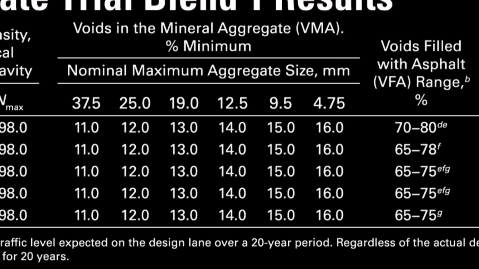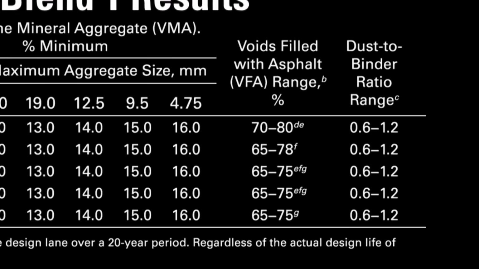Next, we can check our voids filled with asphalt, VFA, and see if it meets the target range. The VFA requirement is used to prohibit the use of marginally acceptable VMAs in asphalt mixtures. We see that the requirement for a traffic level of 10 to 30 million ESALs is the range of 65 to 75%. However, we see that there is a superscript of several footnotes that we also need to check.